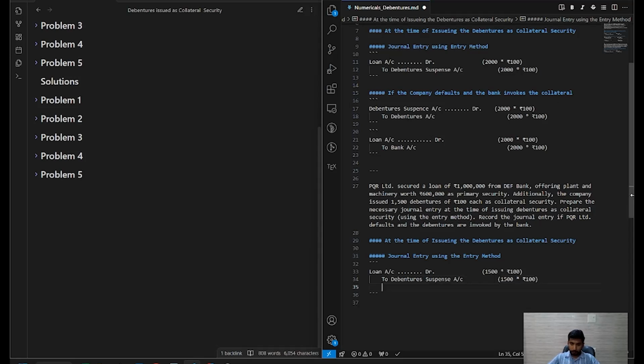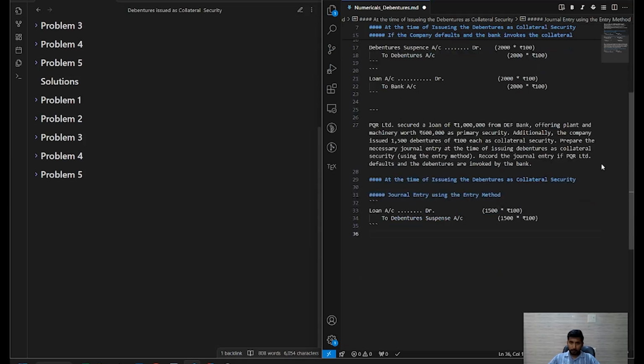After that, if the company defaults and the bank invokes the collateral, in that case, the entry will be the same.